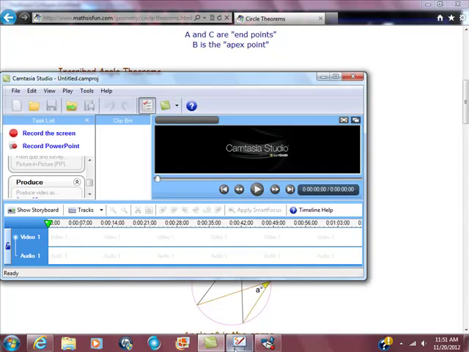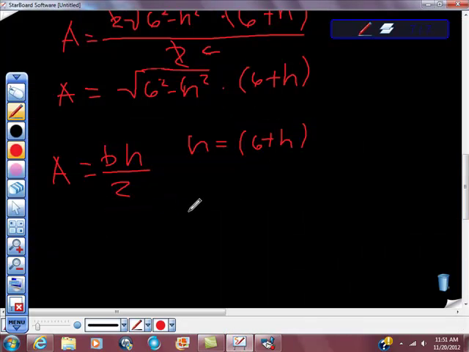So in here, our triangle from above, this has to be 2 alpha, and this has to be h, and this is 6.